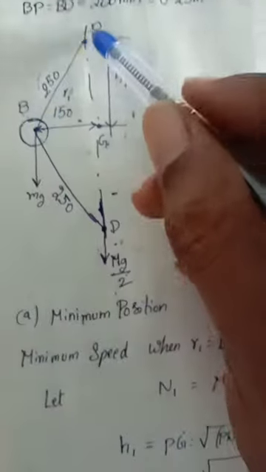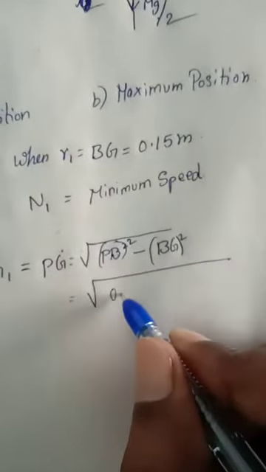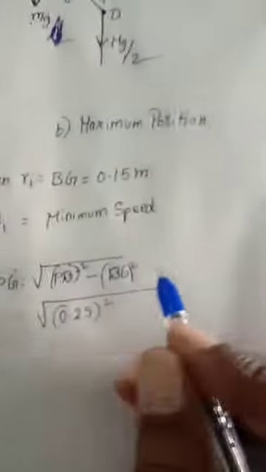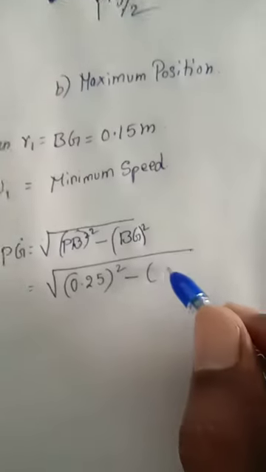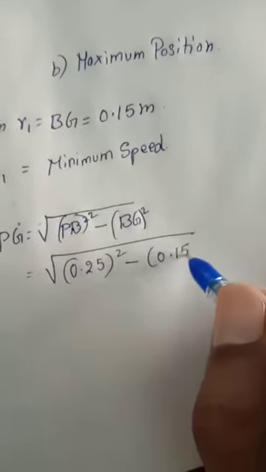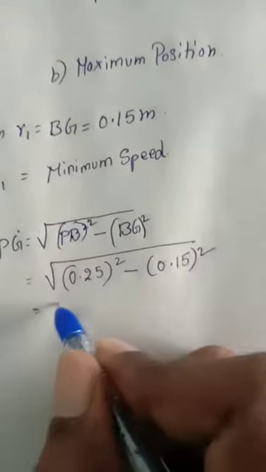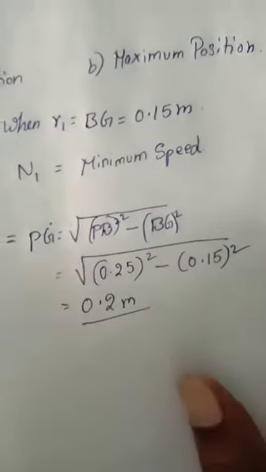PB is 250 and BG is 150, which we converted into meters: the whole root of 0.25 whole square minus 0.15 whole square. Then solve this, and we will get the answer, 0.2 meter approximately.